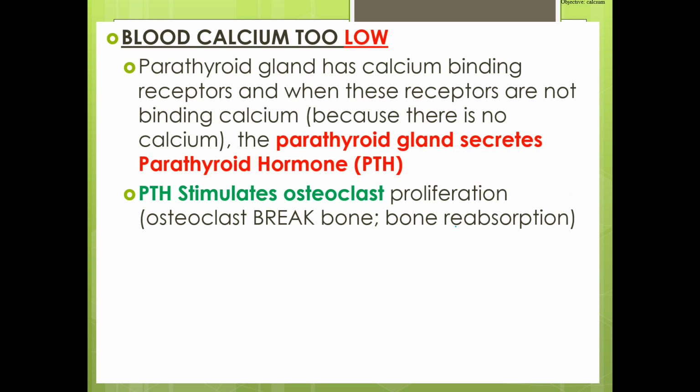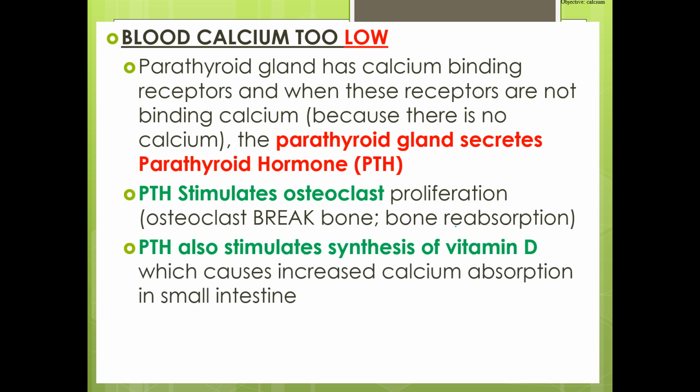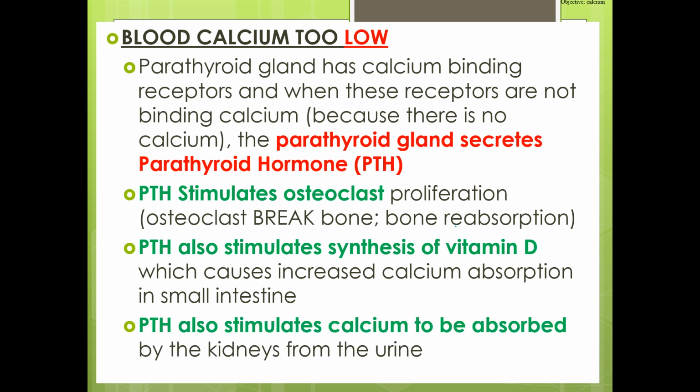Osteoclasts break bone apart, and that's going to put the calcium back in the blood. Now, parathyroid hormone also stimulates the synthesis of vitamin D. So it is going to tell the kidney, hey, you remember that vitamin D that the skin made? Take it now and make it into calcitriol. So that way it's available for the small intestine to pull the calcium out and put it in the bloodstream.